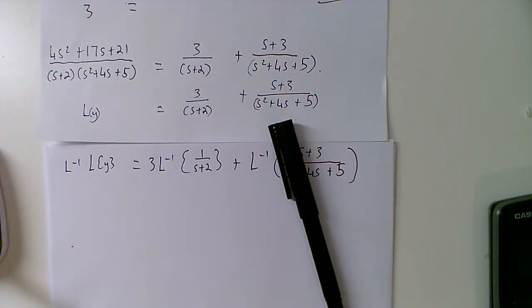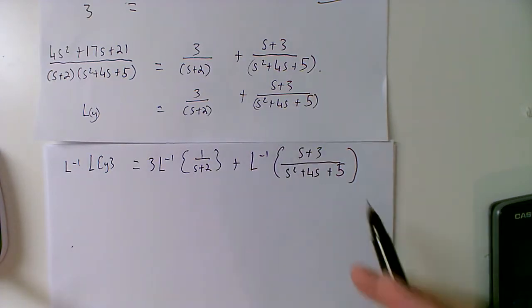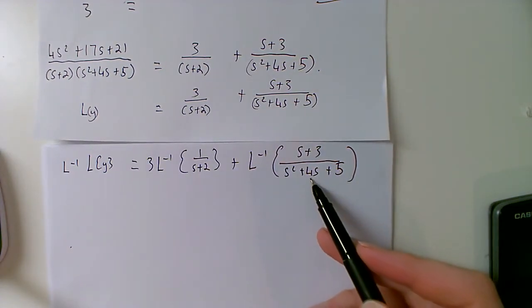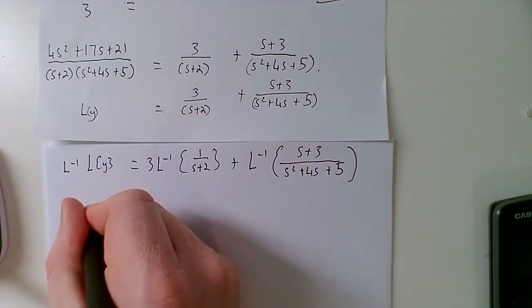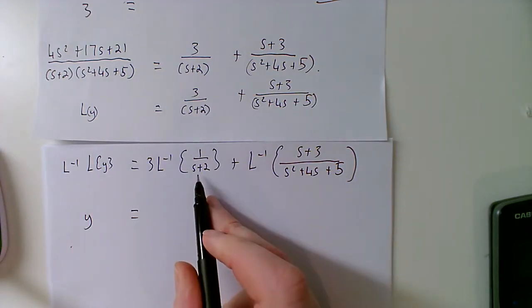Right, now as I said already, I know from the fact I couldn't factorise that, I complete the square in here. So y equals, the Laplace transform of that's dead easy.